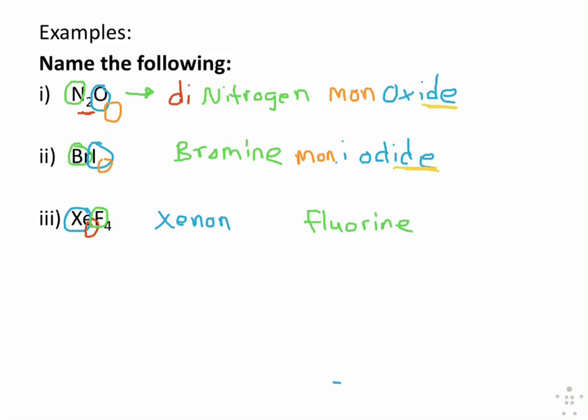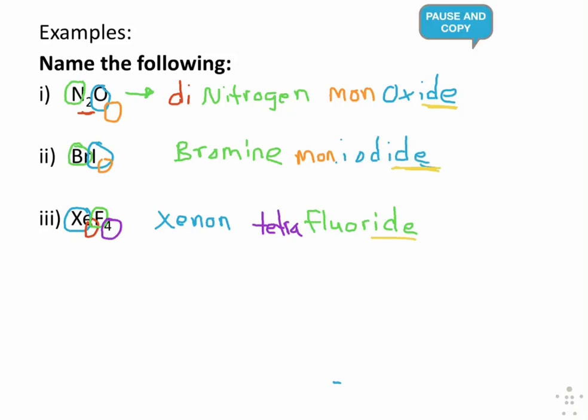And because it's a 4, we get a tetra. And I made another mistake. This should be fluoride. Okay, so make sure we get this down before we look at our last piece for naming molecular compounds.